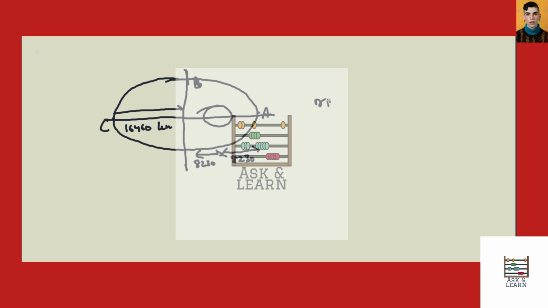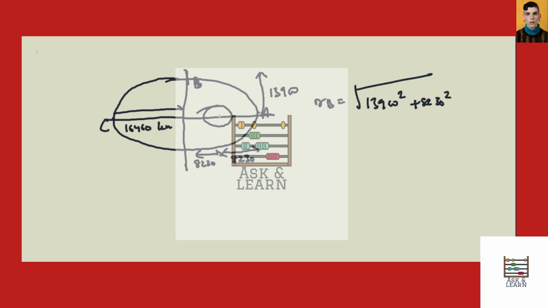So we have RB is equal to square root of 13,900 squared plus 8230 squared. So that's the distance of RB, and this distance is actually given as 13,900.